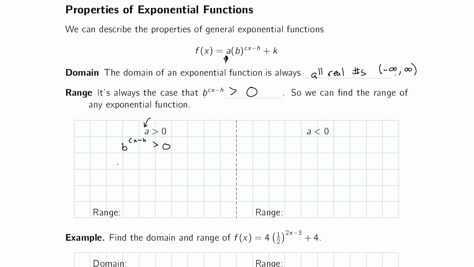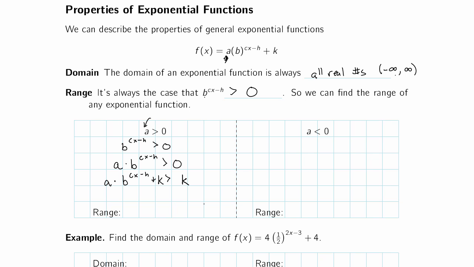Multiply both sides by a, and we have that a times b to the cx minus h is always positive, right? A times 0 is just 0. And then add k, and we get that a times b to the cx minus h plus k is always greater than, well, 0 plus k is k.